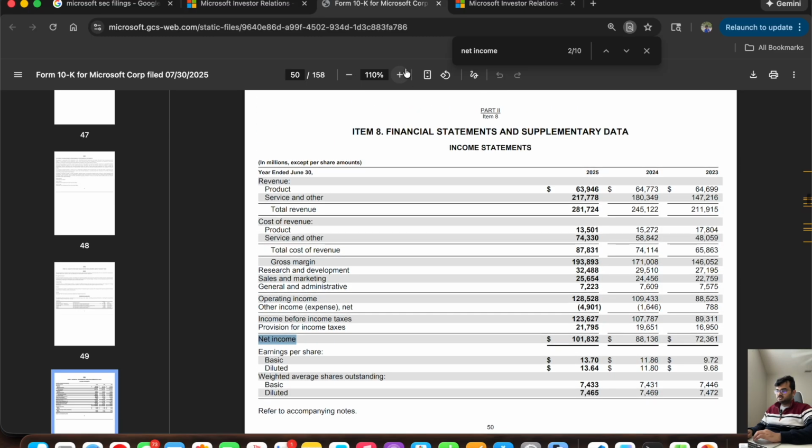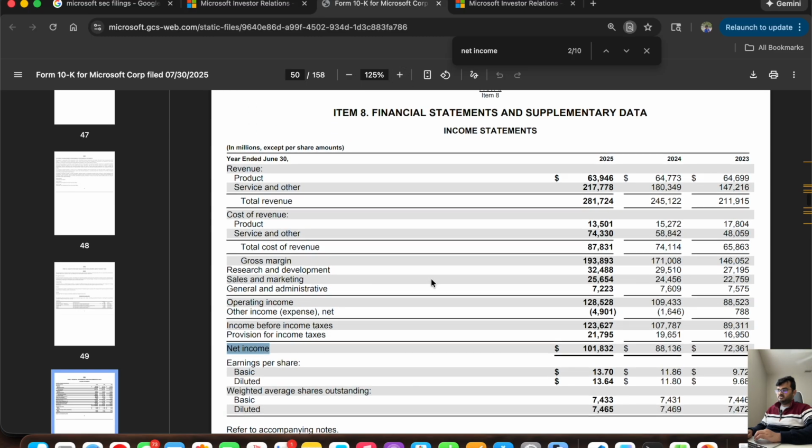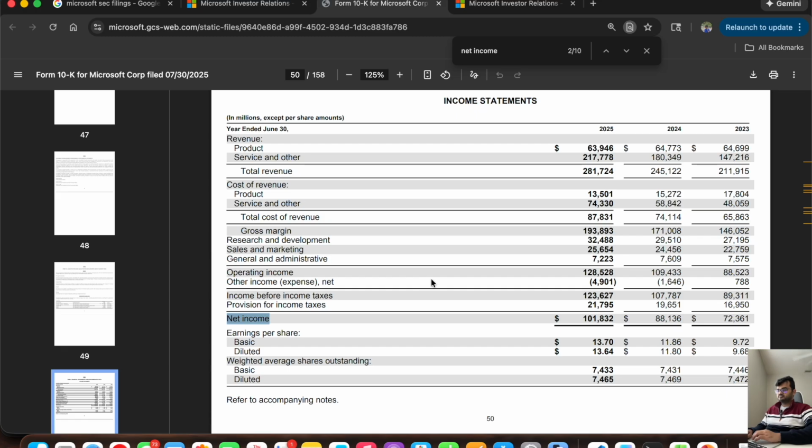Okay, so here is where we have our income statement. I hope, if you are up to a point in doing the financial statement modeling, you could have understood the business model and fundamental analysis of Microsoft. I wouldn't dwell deeper into what set of revenue comes under product and what set comes under service and others.